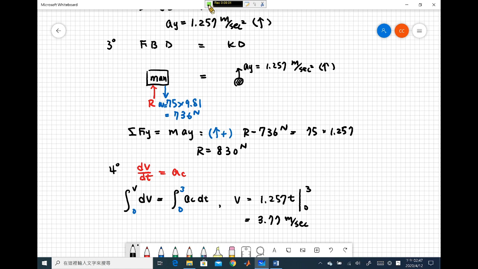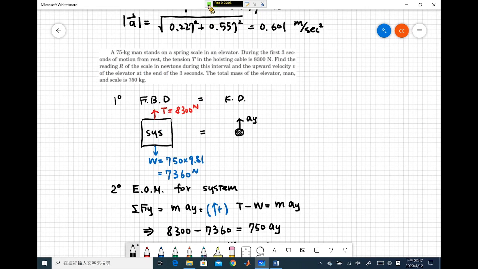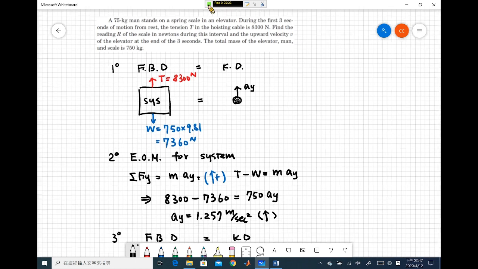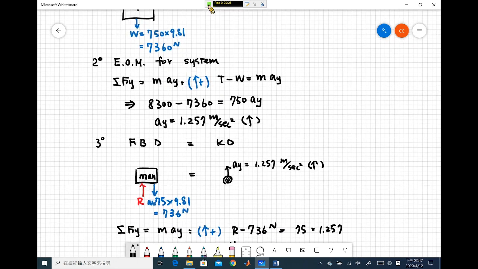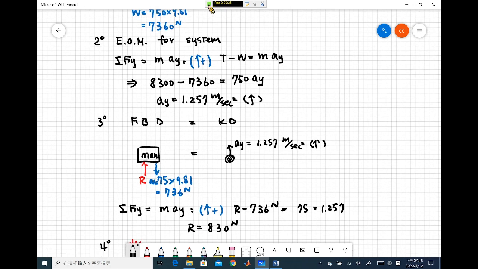Okay, so let's quickly review this problem again. In the very beginning, we considered all the things together and treat all these things as a single particle. Then using this free body diagram equal to kinetic diagram, we can obtain the acceleration. Then once we have the acceleration, we can go back and consider the man only. Then use this acceleration and also the free body diagram equal to kinetic diagram, we can derive the equation of motion.